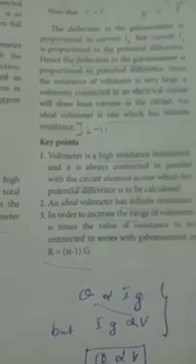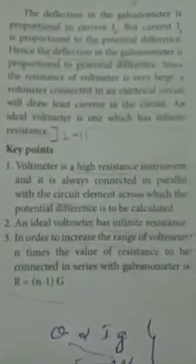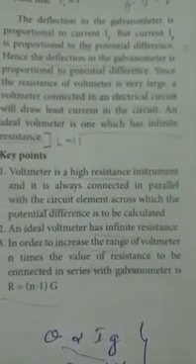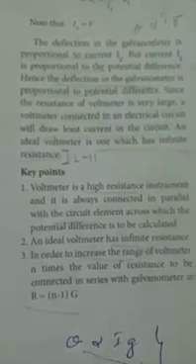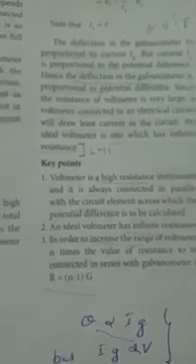Some important aspects: a voltmeter is a high resistance instrument, and it is always connected in parallel with the circuit. That means in the external circuit, the voltmeter must be connected in parallel, and it can then measure the potential difference. An ideal voltmeter has infinite resistance.